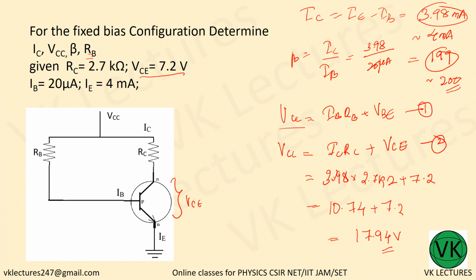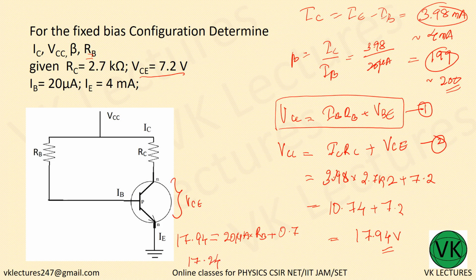Now just apply VCC here in this equation. So VCC 17.94 minus IBRB. IB is 20 microampere. 20 microampere into RB plus VBE. VBE 0.7. So 17.24 divided by 20 microampere equal to RB.